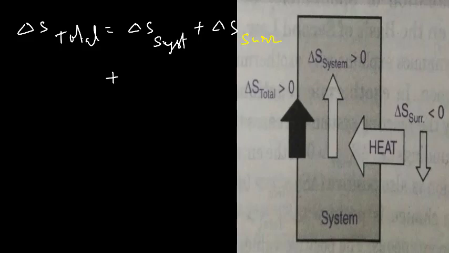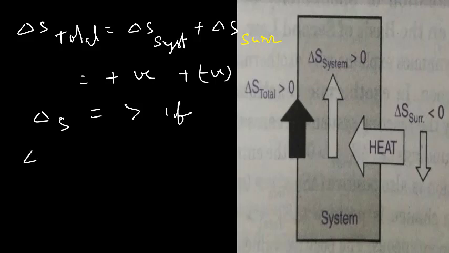This is positive, and of course this is negative. So the total is positive if delta S system is greater than delta S surroundings.